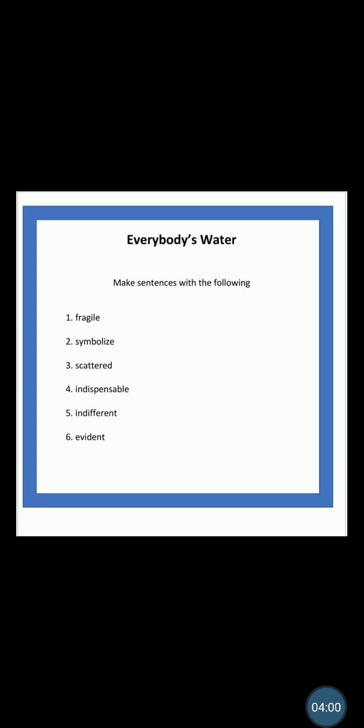My books got scattered when I fell down from the cycle. My books scattered on the ground when I fell down from the bus, or maybe from a bicycle, or maybe from a bike. It got scattered. Okay.